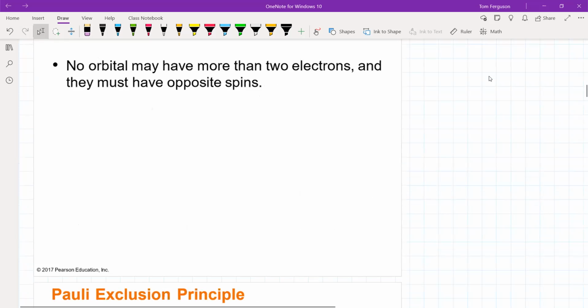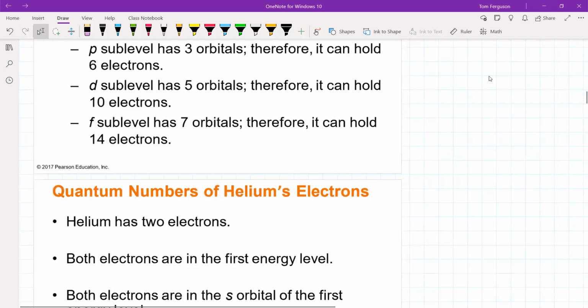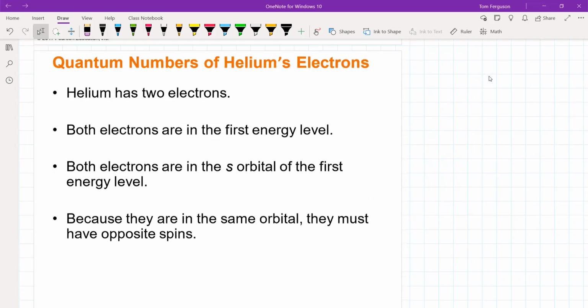Now we talked about hydrogen already. So that's what hydrogen looks like. Helium has 2 electrons only. So we need to look at the electronic configuration for each one of those electrons. It's not the same. So each electron configuration is unique per electron.